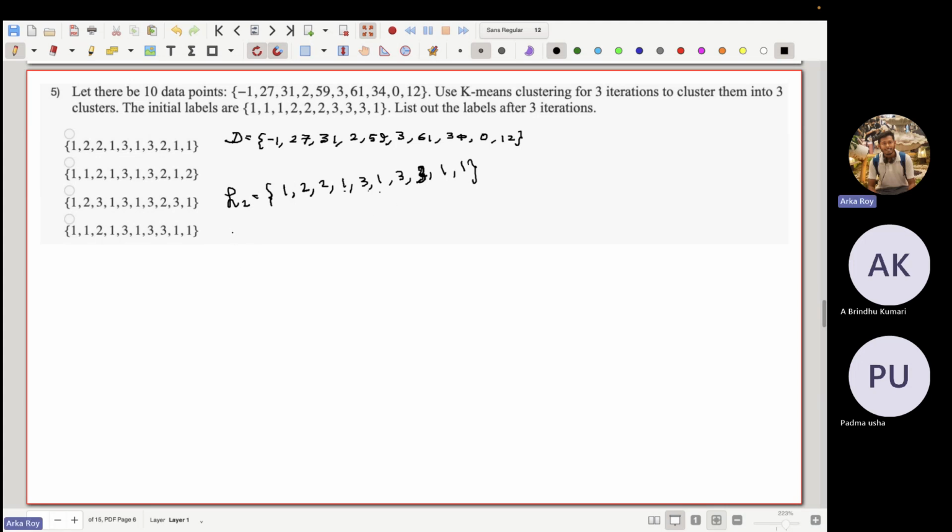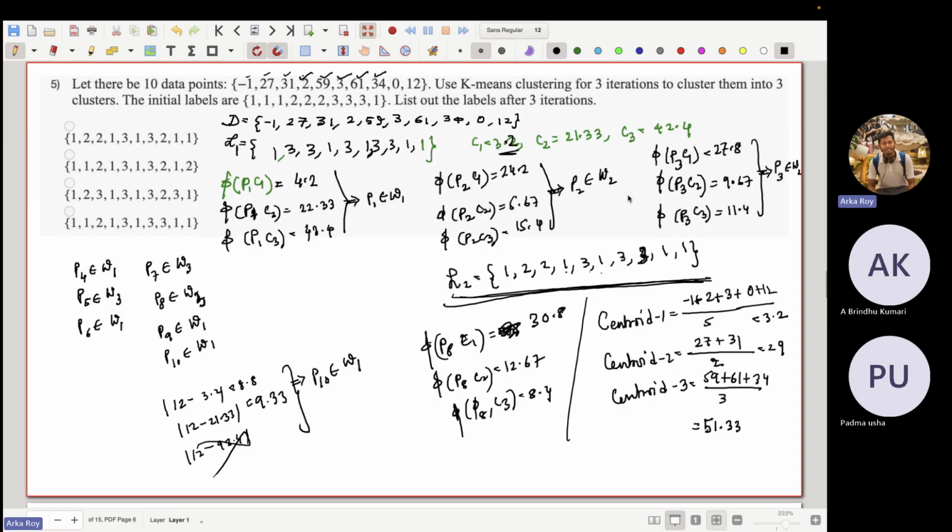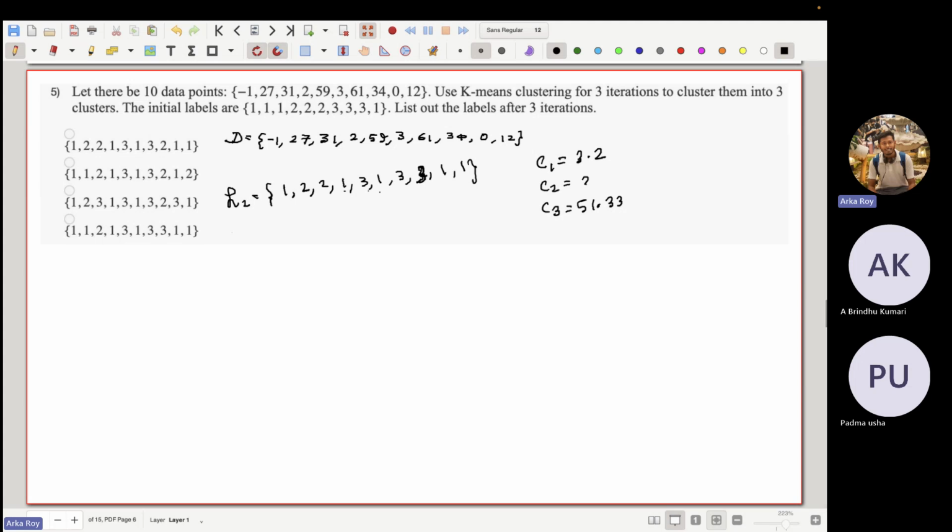Okay, now we can start solving for the third iteration. So C3 is 51.33, and C2 was 29 actually. So C2 is 29. So now we can actually start solving for the third iteration.